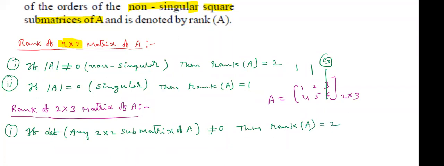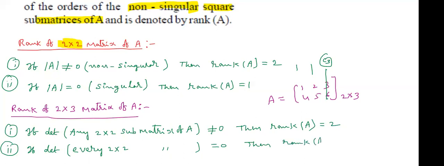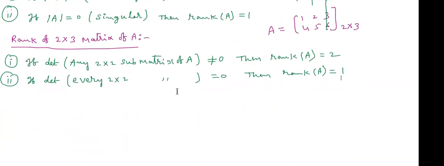If any one of the 2 by 2 submatrices is not equal to 0, the rank of A is 2. If the det of every 2 by 2 submatrix of A is equal to 0, then rank of A is equal to 1. Students, did all of you understand how we calculate the rank of a 2 by 3 matrix?